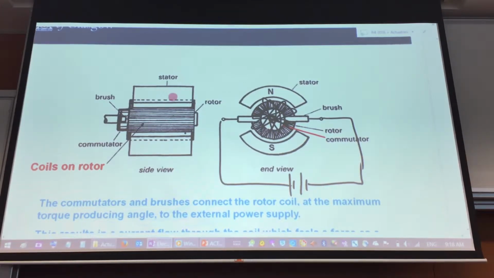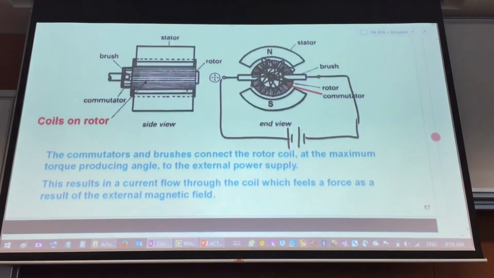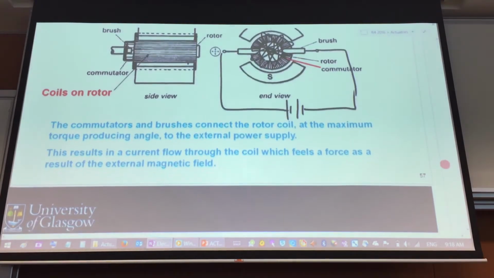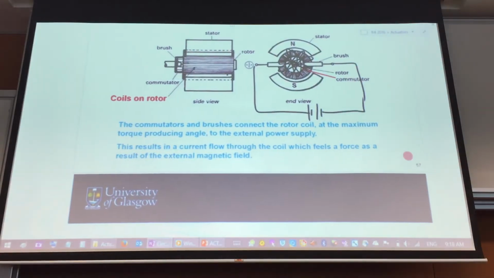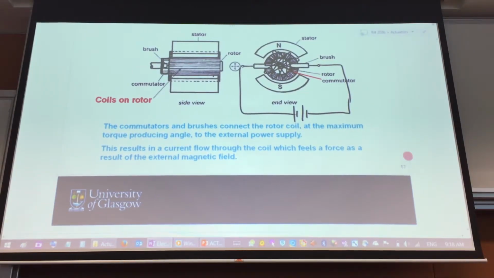The stator is at the outside. So this is how the DC brushed motor is going to look like. Actually, the DC brushed motor is quite sturdy, and the amount of torque that it can supply is tremendous.